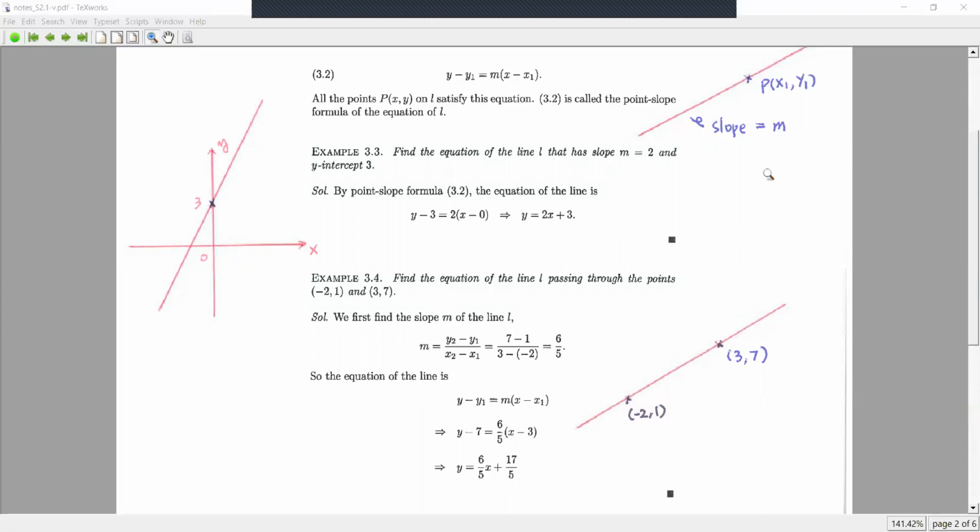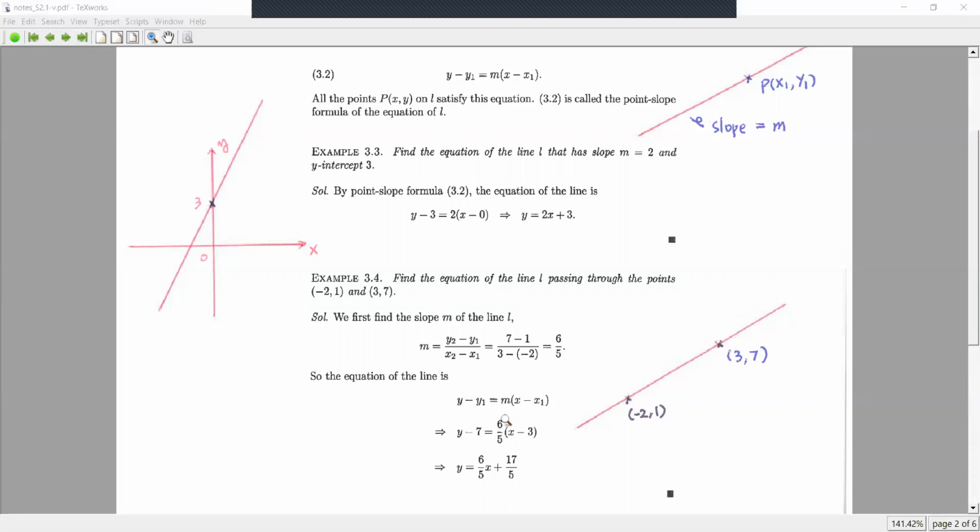Now we have slope. Now we need one point P. We have 2 points. Which point should we choose as the point P? It doesn't matter. Say, let me pick this point as the point P. Then the line equation now is y minus 7.